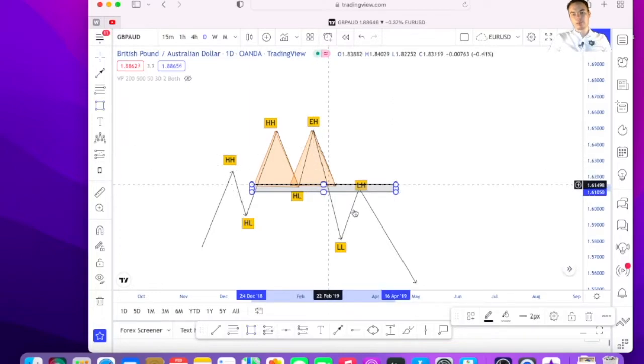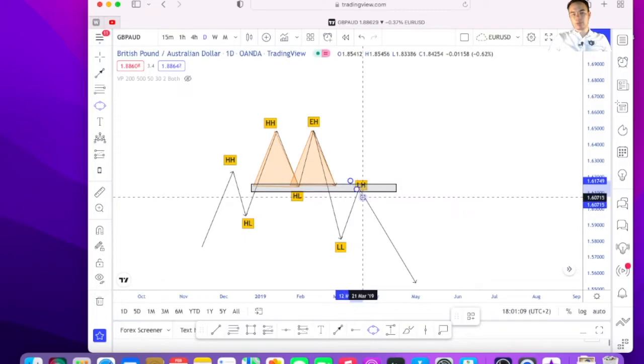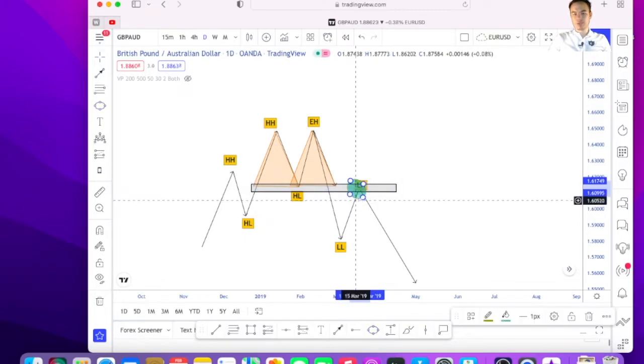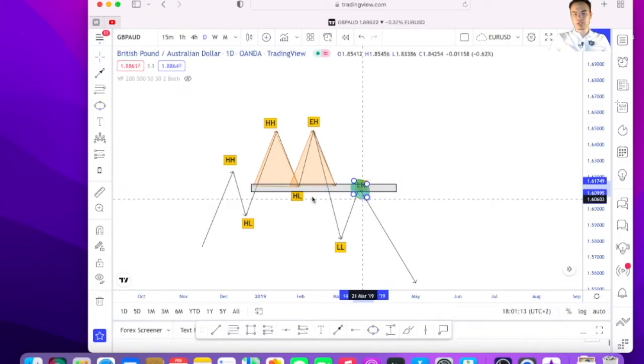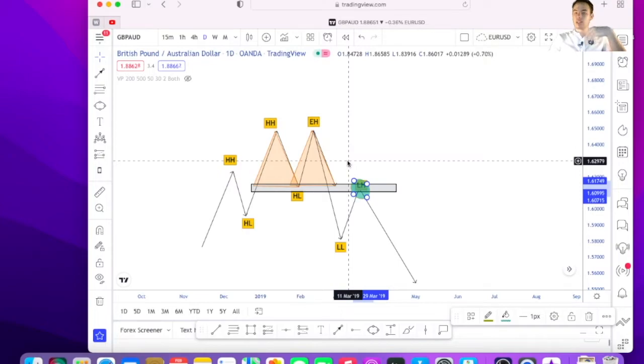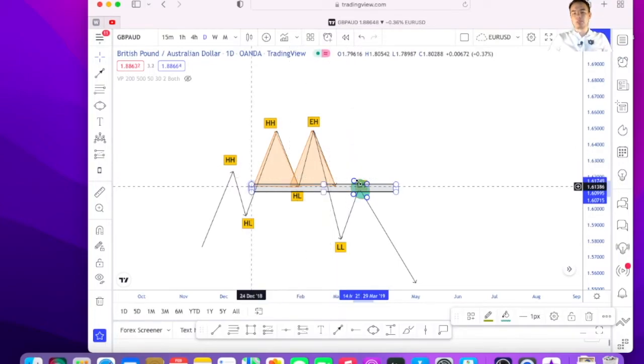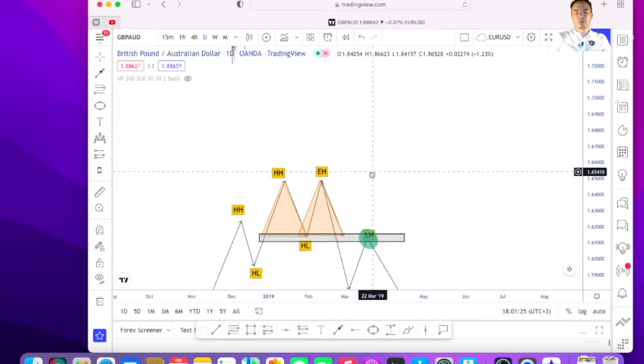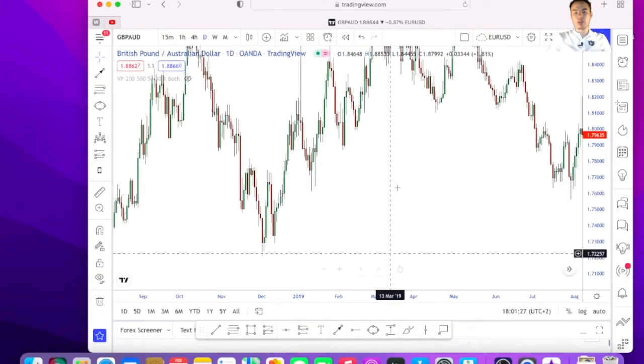So you'll look to sell here. Because number one, market structure told you it's bearish. Number two, it's the break and retest of the neckline of your double top. You put your Fibonacci, etc., candlestick confirmation, support and resistance, and you look to sell. So here is an example of a double top.